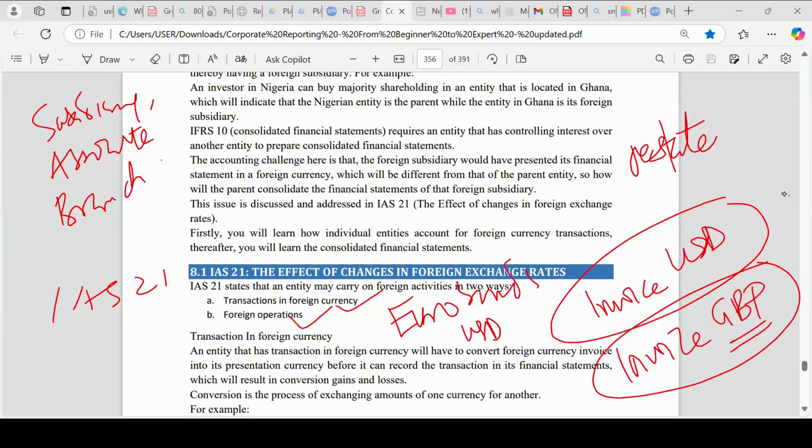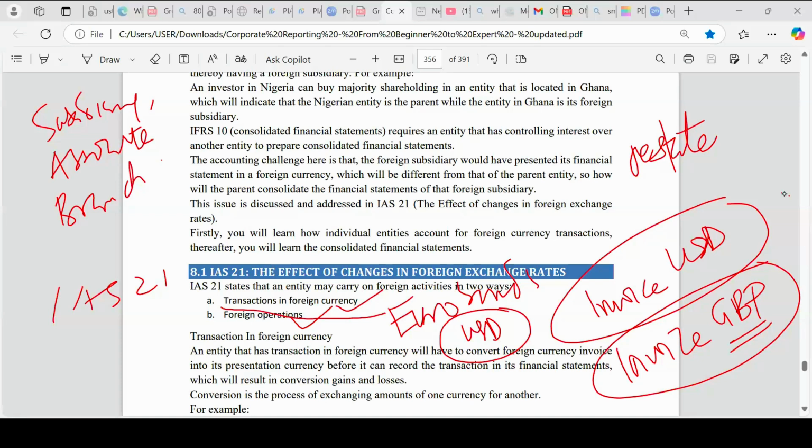However, this is a company in Nigeria, meaning that the currency of Nigeria is Naira, and that company also reports in Naira. So this is a transaction in foreign currency. The fact that we transact normally in Naira, most of our activities are in Naira, and we also report in Naira.